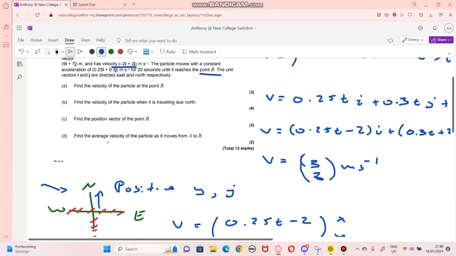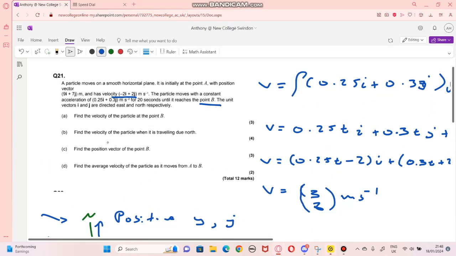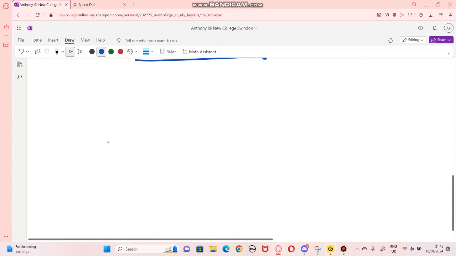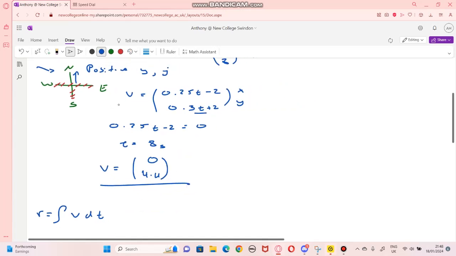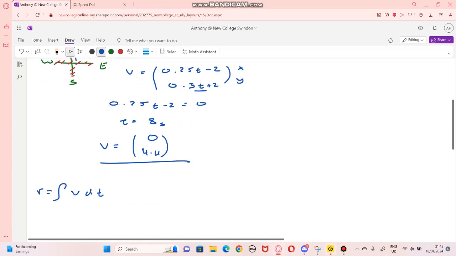The next part, part C, is to find the position vector of B. So what's this asking for? You find the displacement of B. We know that if we integrate our velocity equation, it will give us the displacement. So r, this is displacement, is the integral of v dt. We've got our equation of velocity up there, so we integrate it.